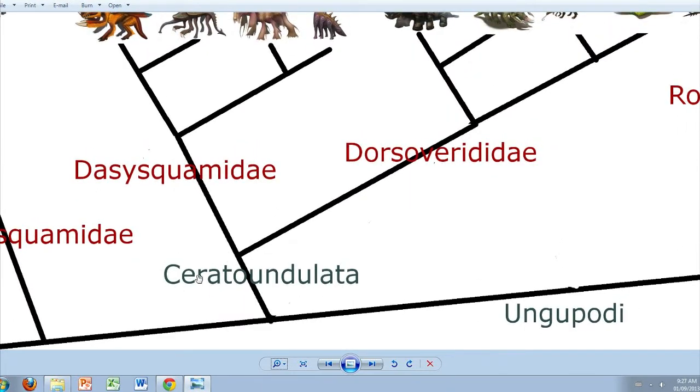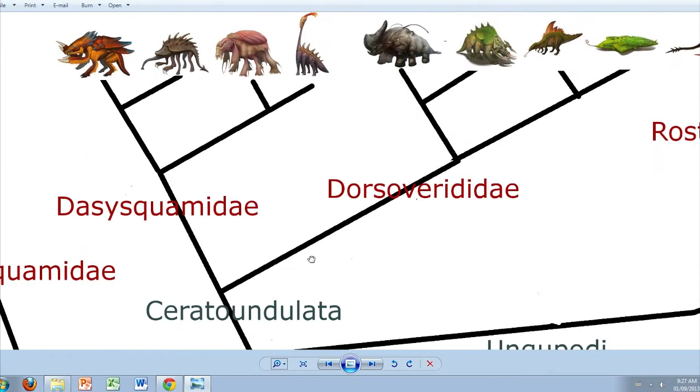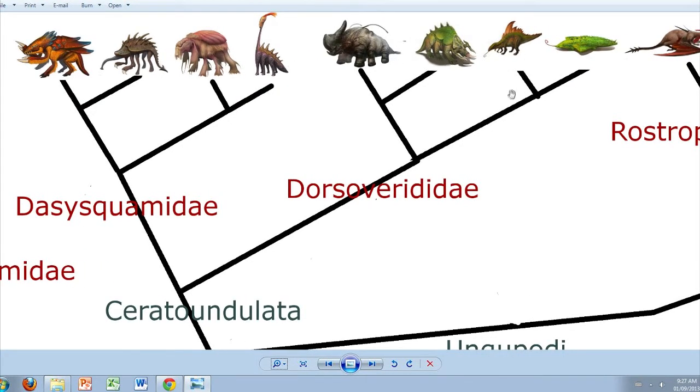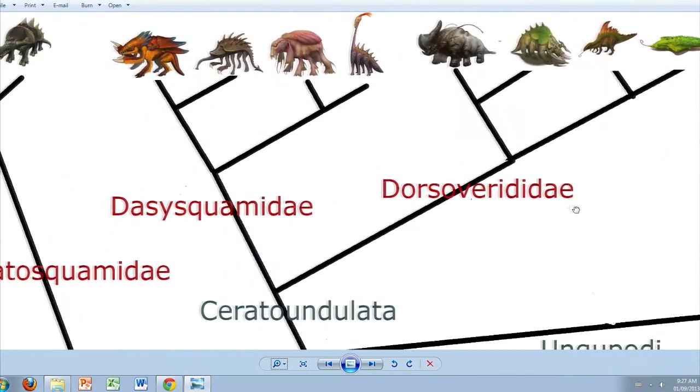Okay, so Ceratoundulata, with cerato meaning horns. A lot of the members of this family do have quite prominent horns, and undulata as in undulates, which are hooved animals. And many of these guys do indeed have hooves.